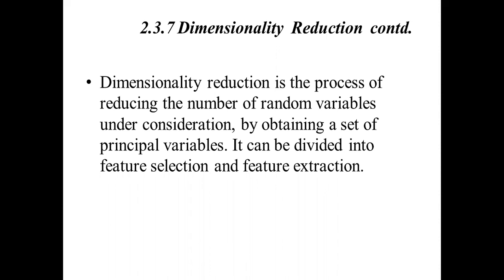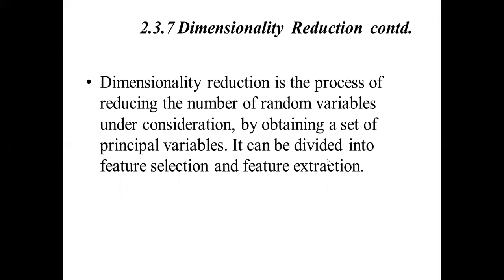So dimensionality reduction is the process of reducing the number of random variables under consideration by obtaining a set of principal variables, and it can be divided into feature selection and feature extraction. Feature selection is which features we wanted to reduce, or which are redundant.